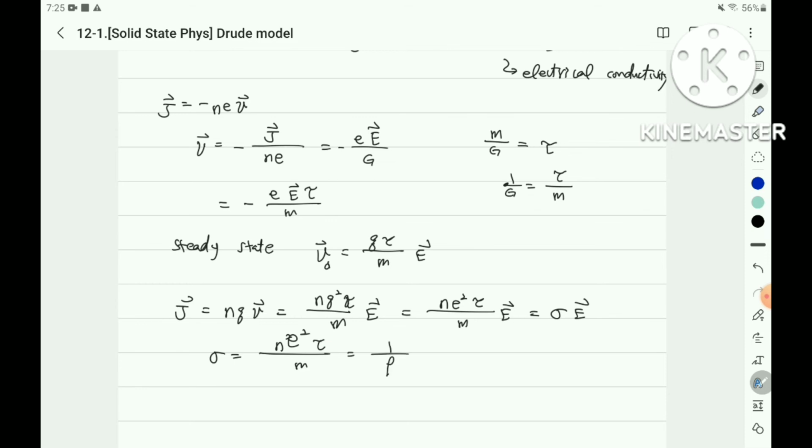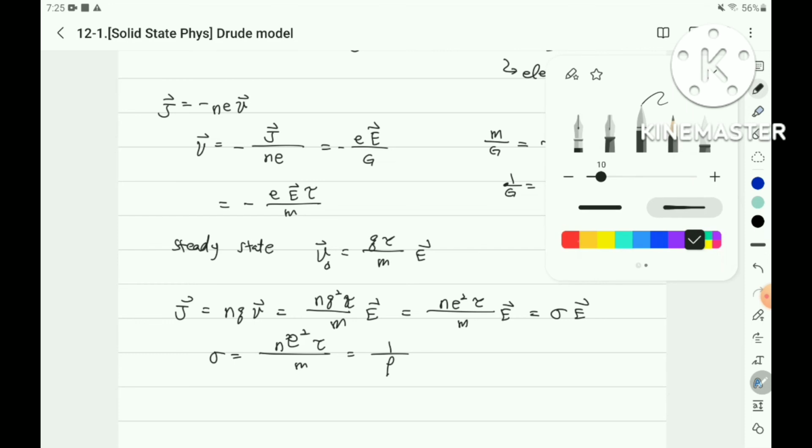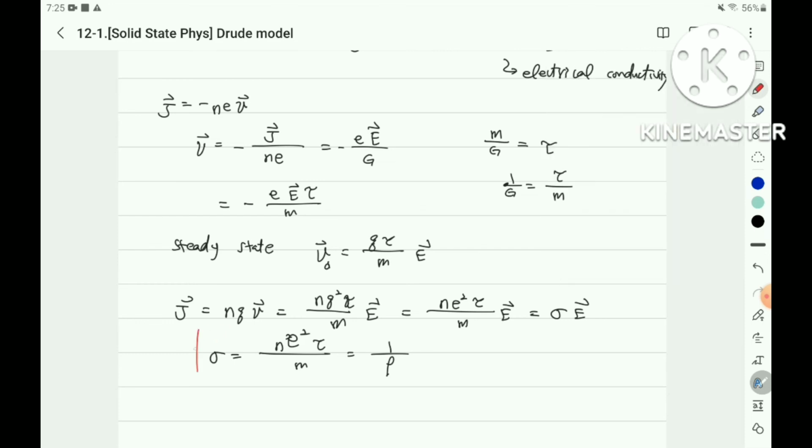Then it is the definition of the electrical conductivity and electrical resistivity.